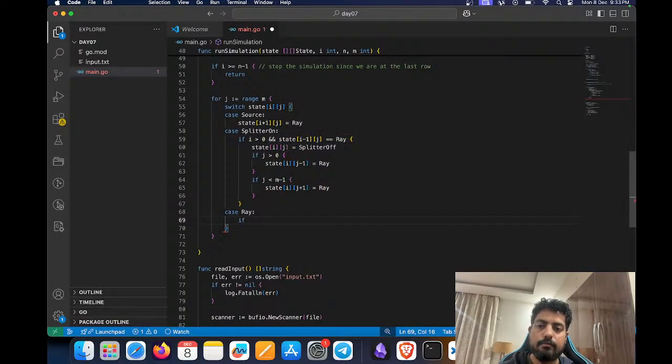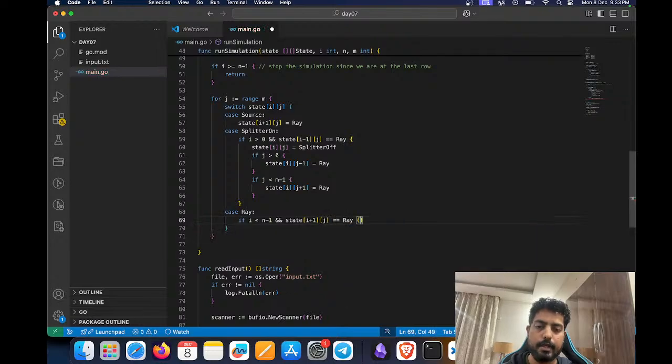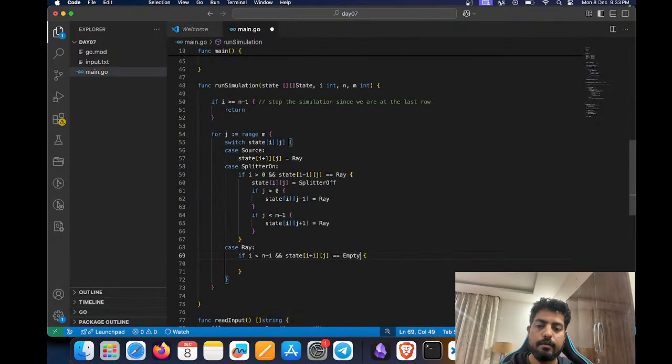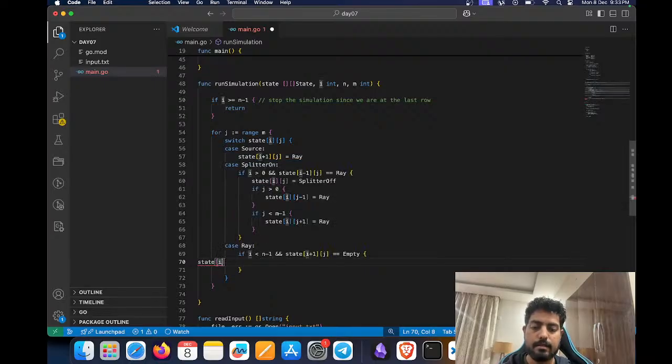So if i is less than n minus 1 and state[i+1][j] is equal to, sorry, so it is empty, only in that case we will mark that as a ray.